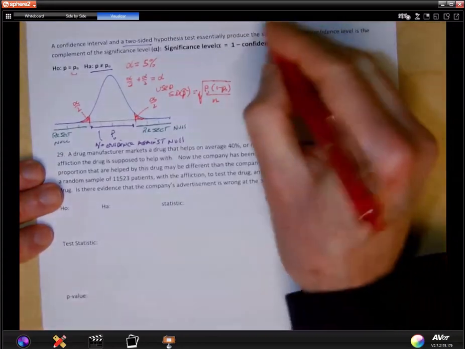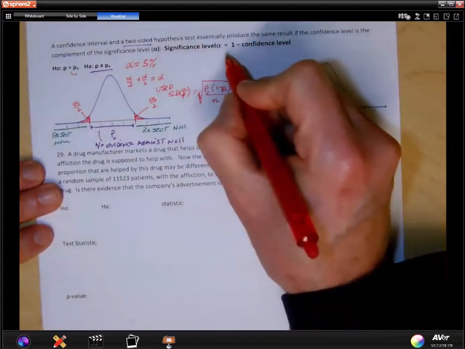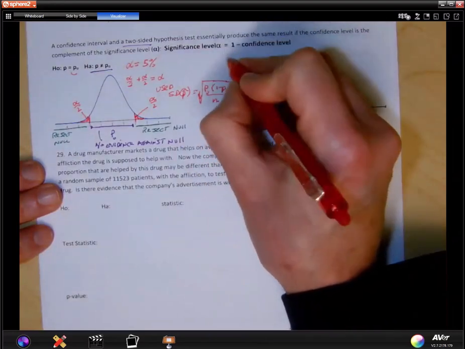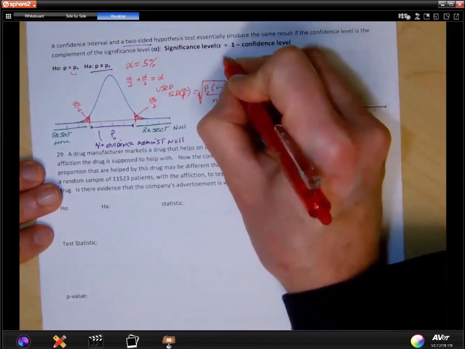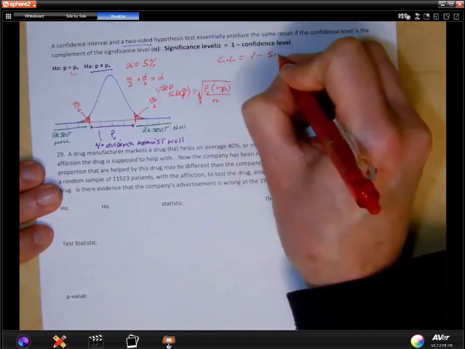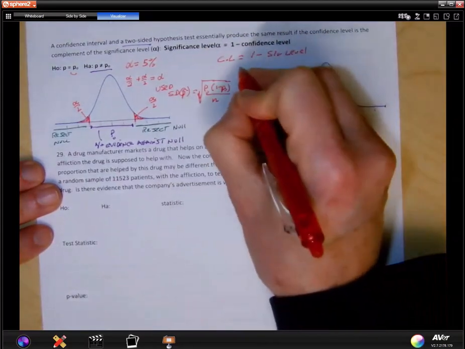Great. So now we come to the other side. We said that significance level and confidence level are tied by this formula, but really the reality is they're complements of each other. So I can reverse this and ask, what is the confidence level then? Well, it should be 1 minus the significance level, just solving for the other variable.